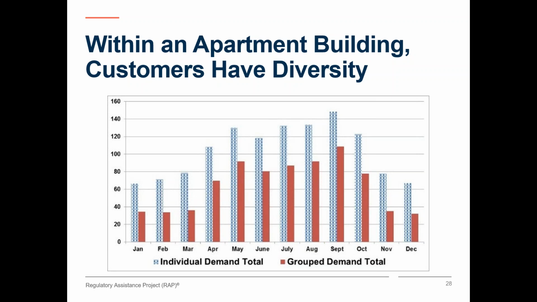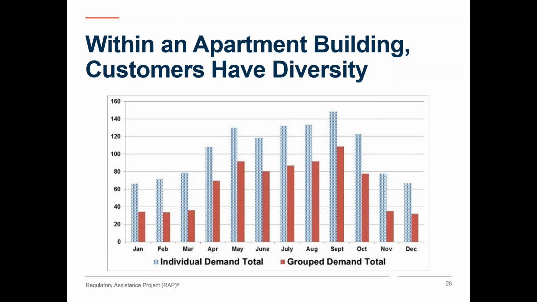That's the sum of the customer maximum demands. And the maximum demand actually experienced by the utility for the building in red. The individual demands here in some months added up to twice what the utility had to serve at any one time.